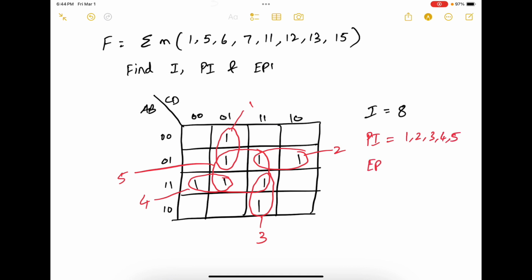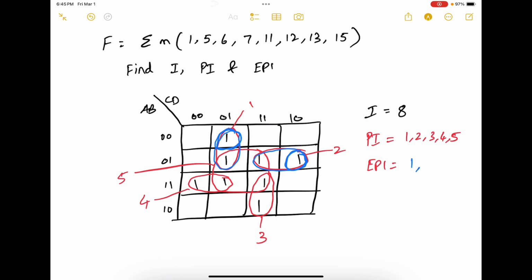Now let's find the essential prime implicants. In this case, let's go for the subgroup 1. Now this one can only be covered by this min term and not by any other. Therefore, it is an essential prime implicant. Next, this one can only be covered by this prime implicant.